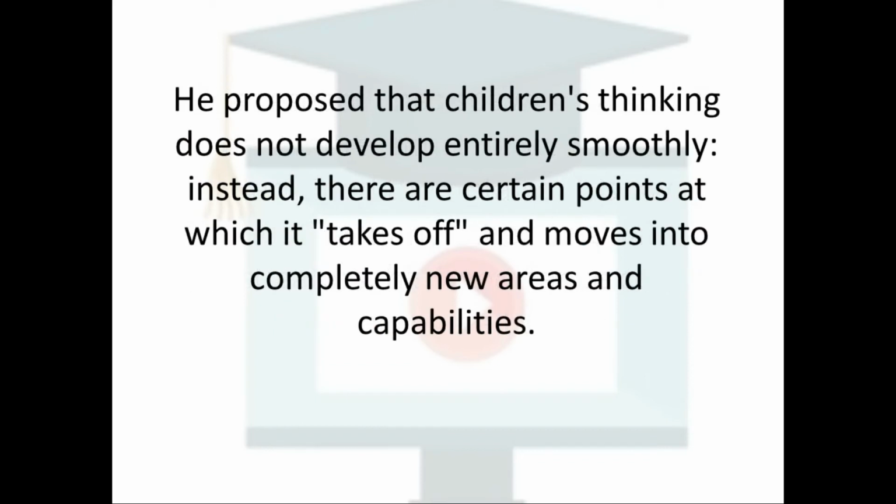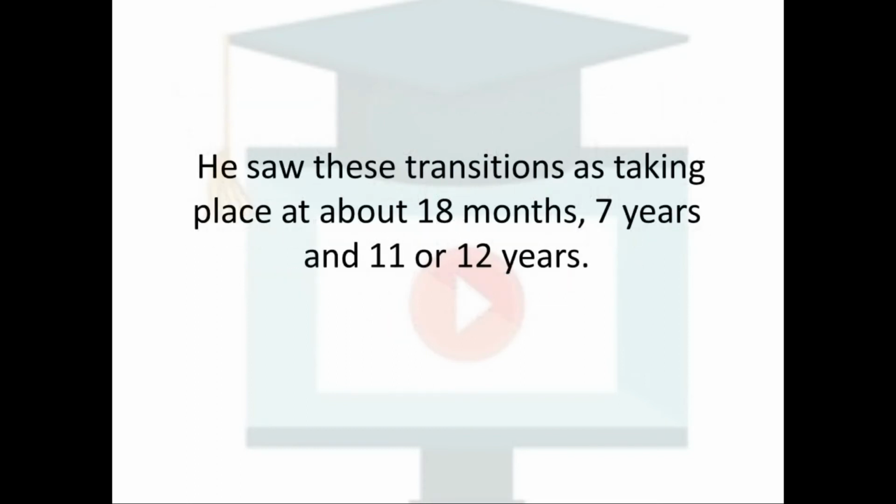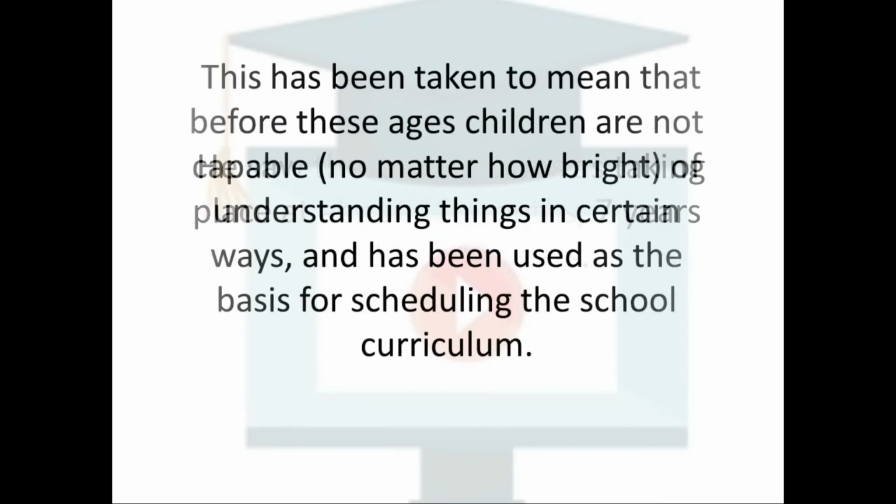He proposed that children's thinking does not develop entirely smoothly. Instead, there are certain points at which it takes off and moves into completely new areas and capabilities. He saw these transitions as taking place at about 18 months, 7 years and 11 or 12 years.